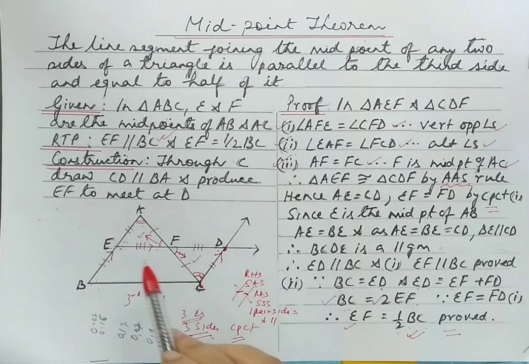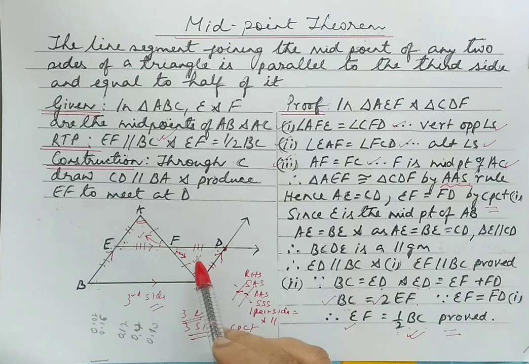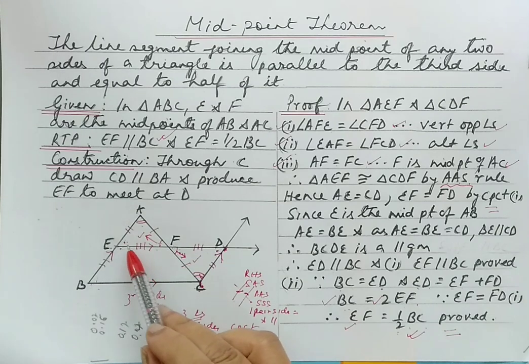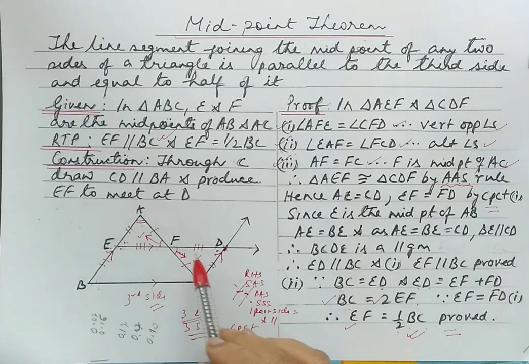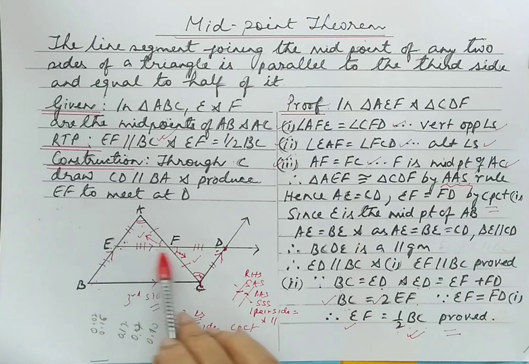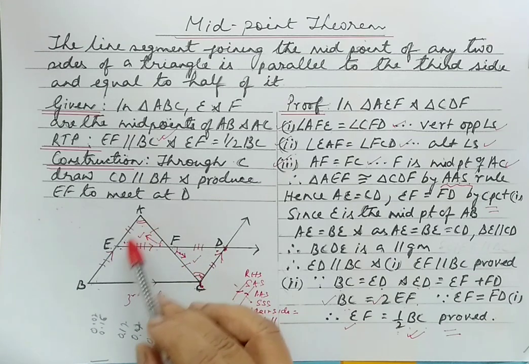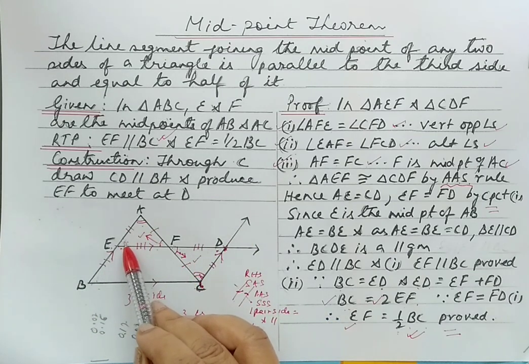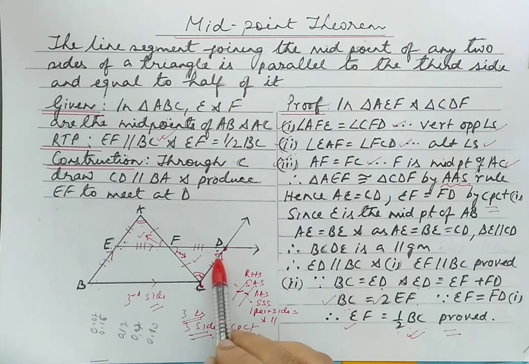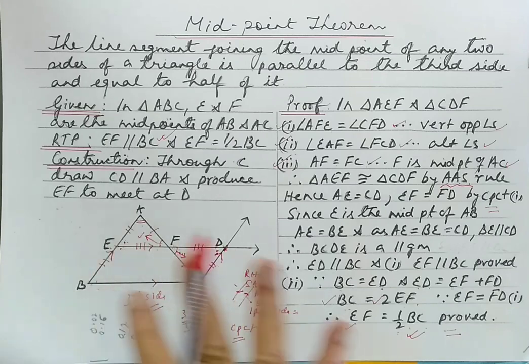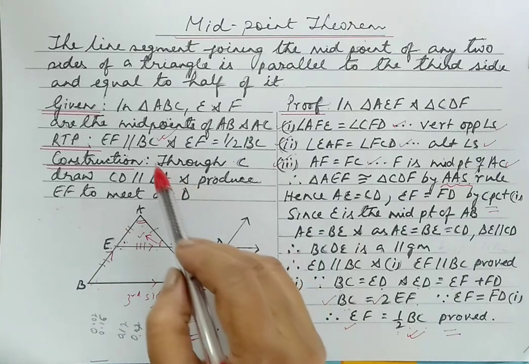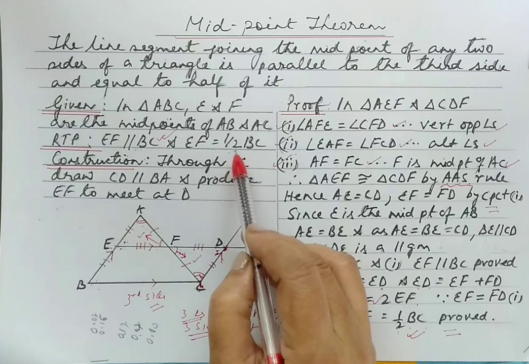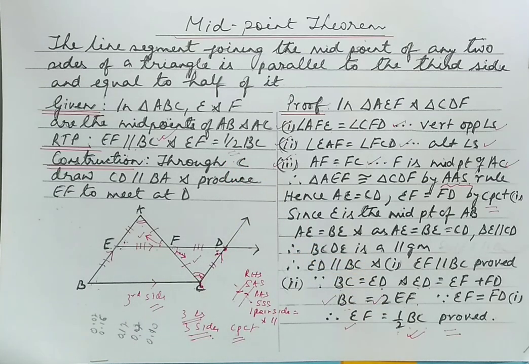This equals this, and this one will be equal to this. This we could have done without the congruency because this is another transversal cutting the two parallel lines, which means this is alternate to this. Correct? Having done this, we have now set a scenario where we'll be able to reach easily to these two contentions.